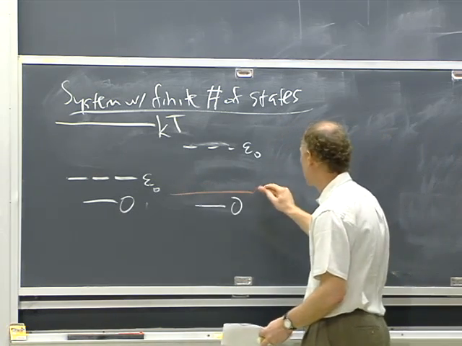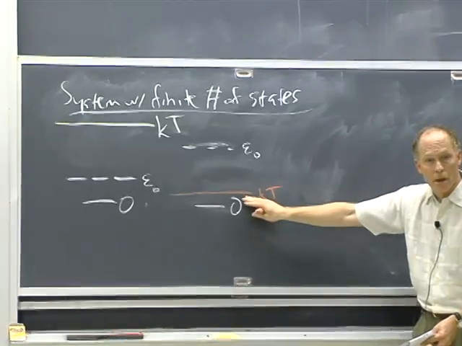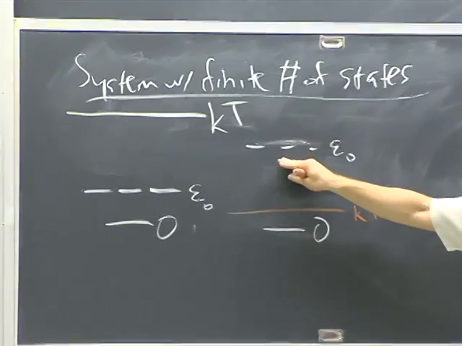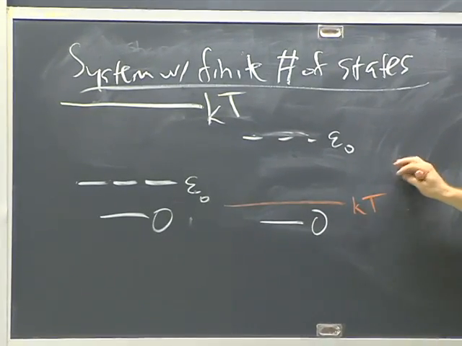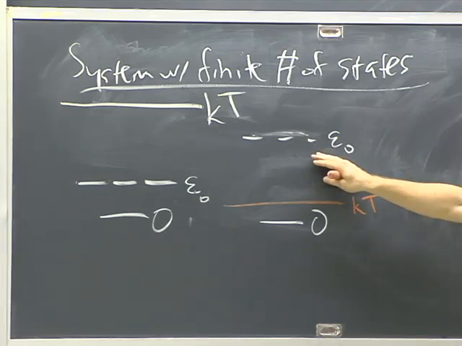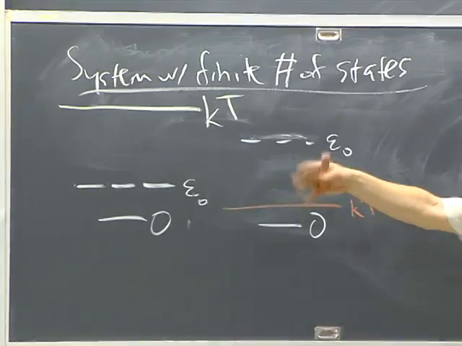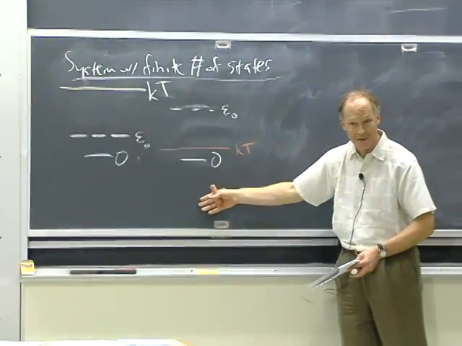And kT is here. Well, when it's like this, the temperature is so low that there's not nearly enough thermal energy to populate any of these states. And if you change the temperature by a little bit, it's still not enough thermal energy to populate any of these states. So once again, dU/dT is 0. You change the temperature and the configurational energy doesn't change. So the heat capacity is 0 again.